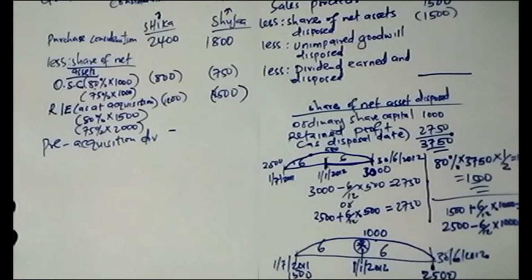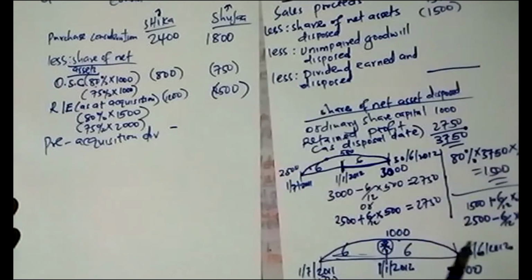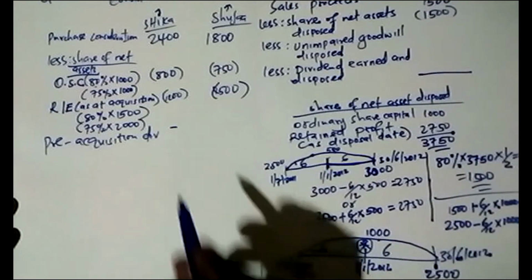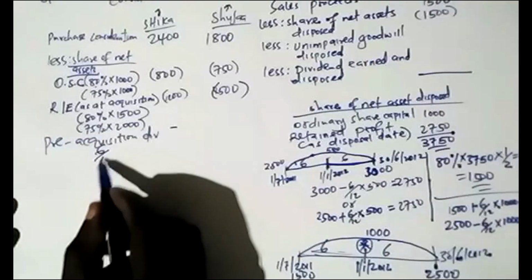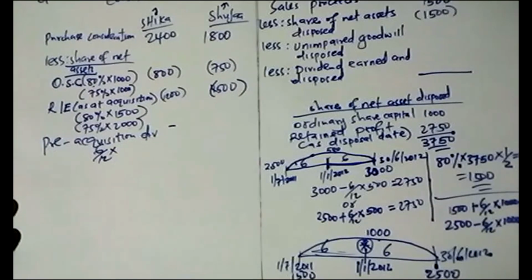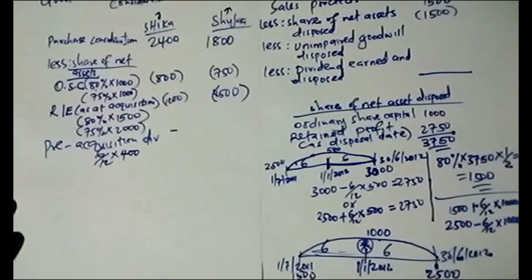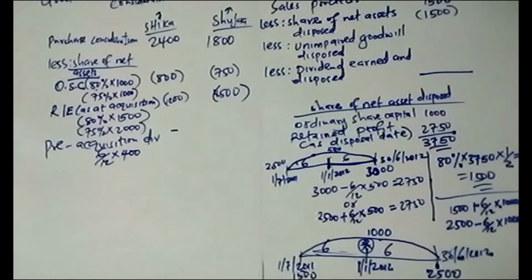But remember that Shuja was acquired during the year. So the pre-acquisition period would be the first 6 months. I will take my first 6 months times the dividends which Shuja paid. So you go to the income statement, check the dividends which he paid. I think it was 400. So that one was 400.